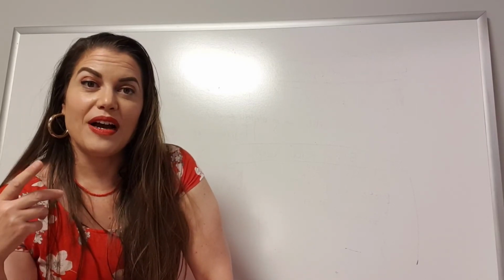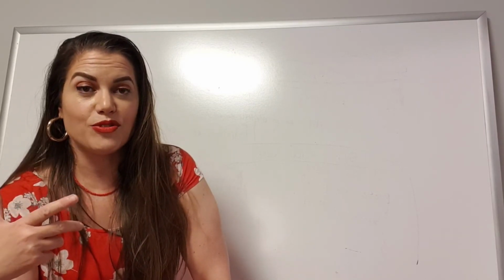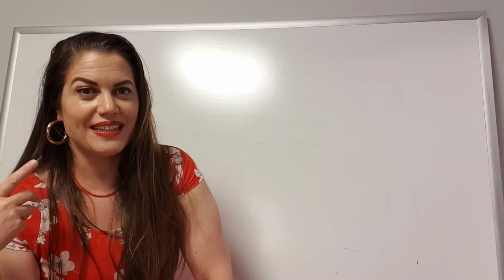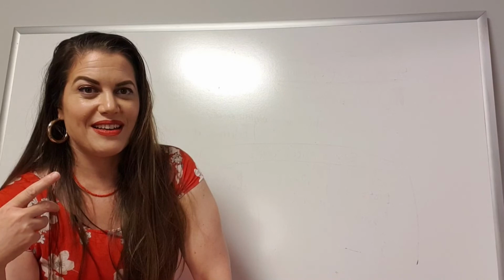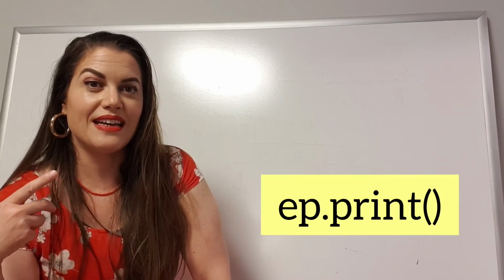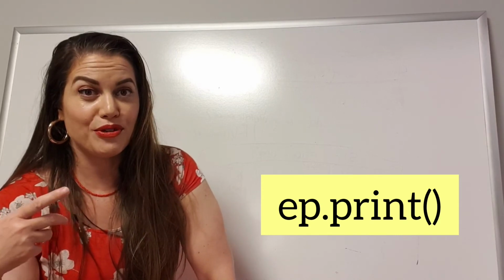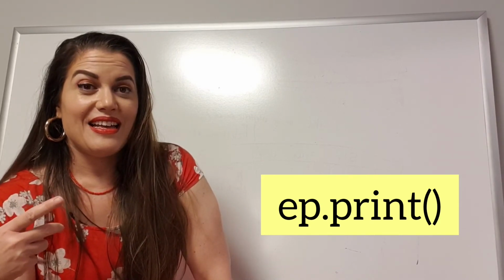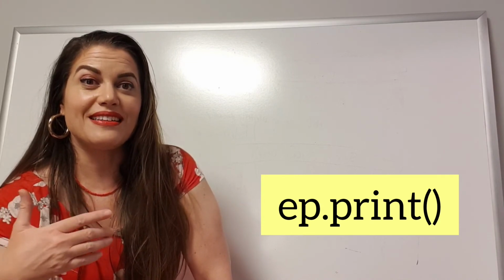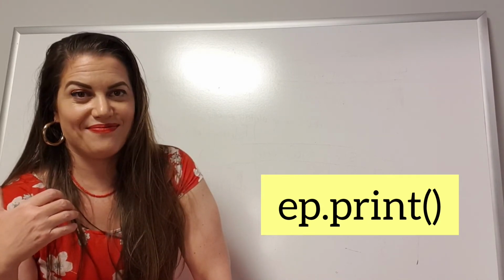And if I now use this object EP, which is a phone object held by an electronics reference, in order to run the method print, the method print that is going to run is the method print that exists in the child class.